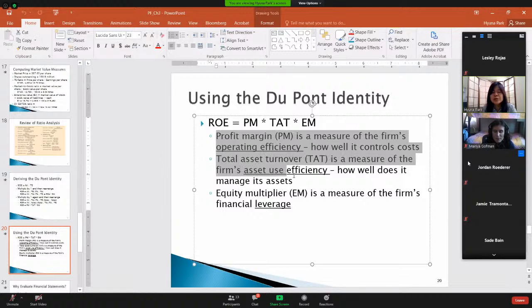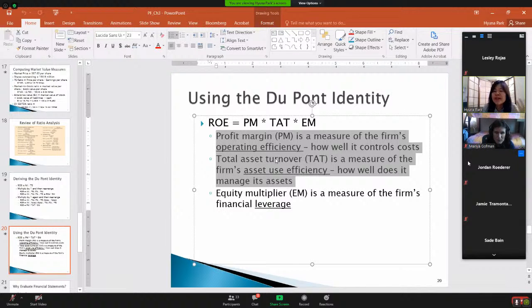So both these two ratios are related to the company's operations: how much margin the company is generating, and how efficiently the company is using its assets.